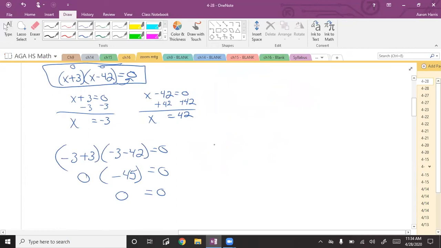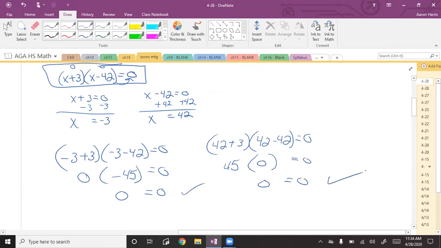So let's do plus 42. So (42 + 3)(42 - 42) = 0. This gets me 45. This gets me 0. 0 is equal to 0. Works, works. So you have 2 answers.